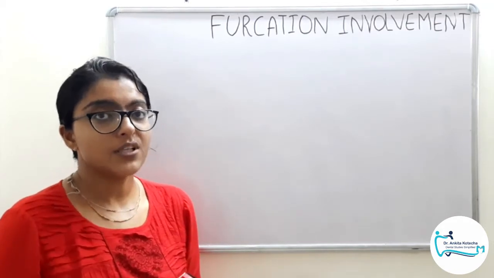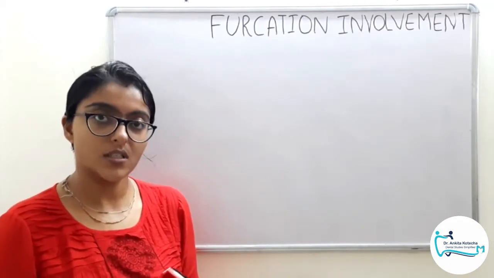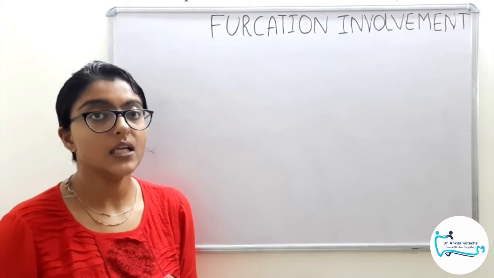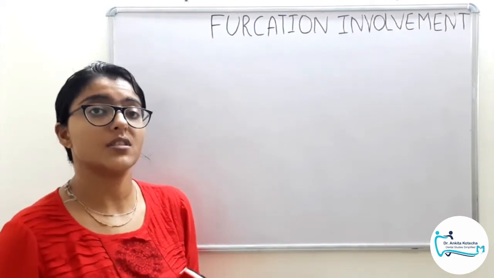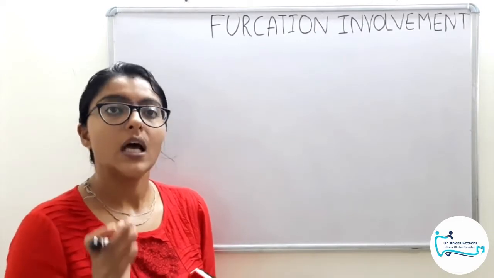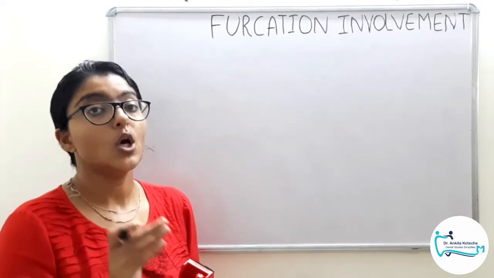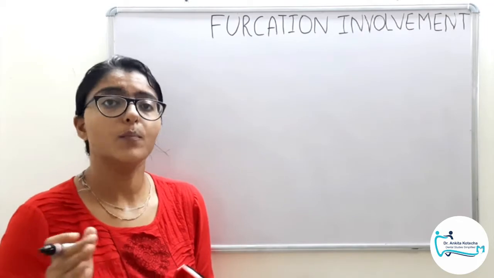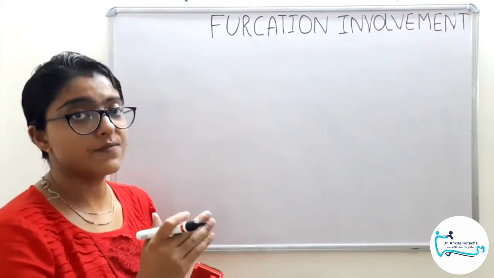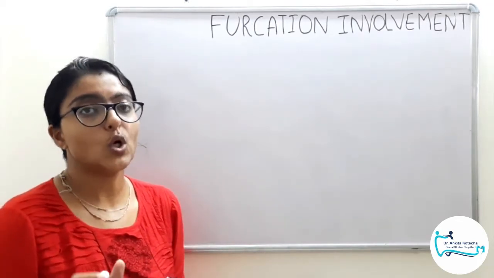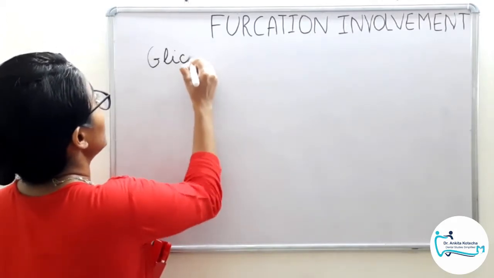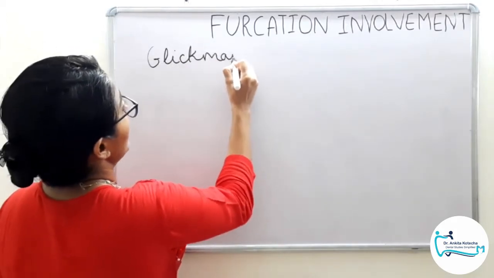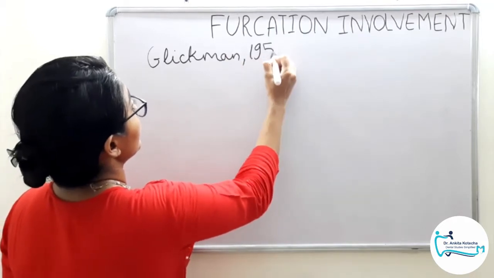Basically, any furcation involvement has a horizontal component or dimension and a vertical component and dimension, and the various classifications available are based on either horizontal component or vertical component or both. But Glickman's classification is mainly based on horizontal component, and we still follow Glickman's classification given in the year 1953.